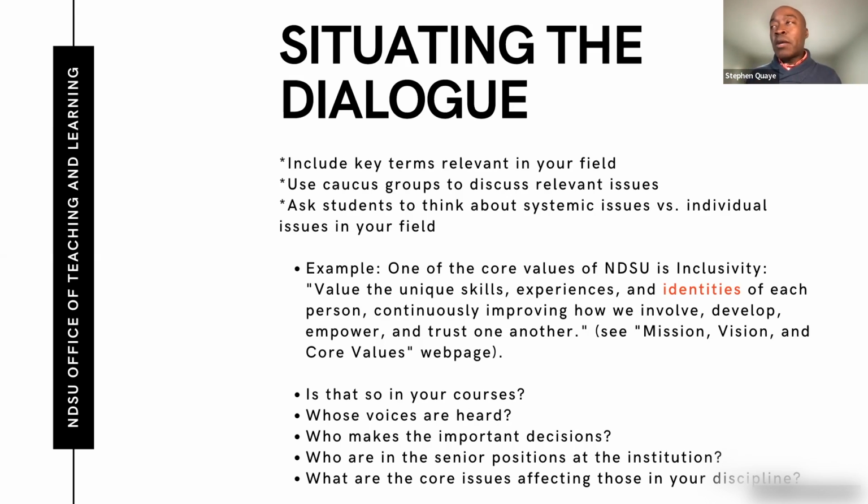Another thing you might do here is to use caucus groups. Caucus groups means that you're bringing together people who have shared identities to engage with each other before bringing them to heterogeneous groups. Sometimes it's really important, for example, around the topic of race, for white students to have space talking with only white students before they interact with their peers of color.